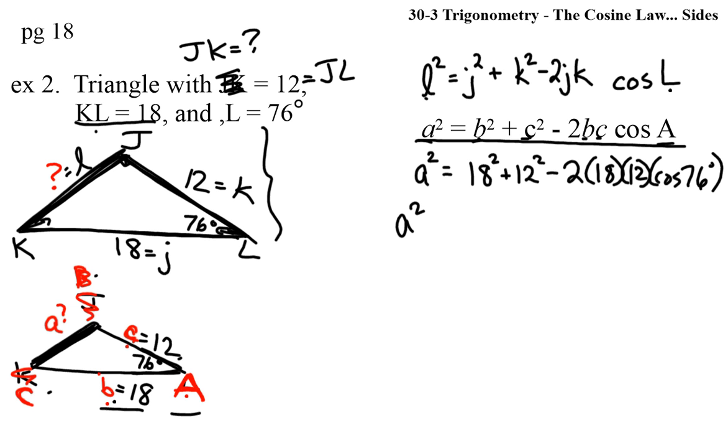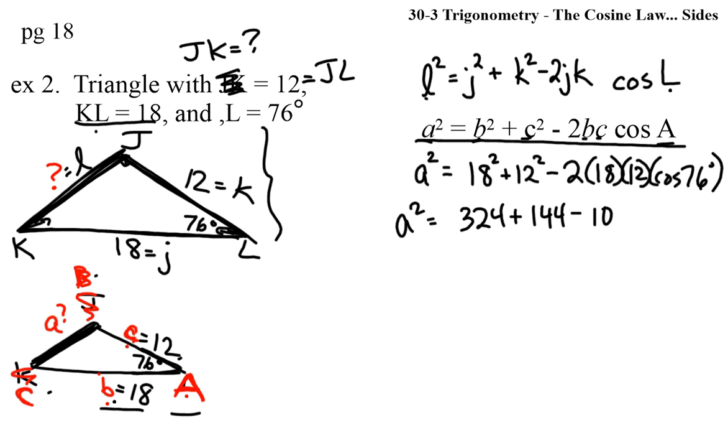At this point, A squared equals, do some punching into your calculator. 18 squared gives us 324. 12 squared gives us 144. And I then want to subtract 2 times 18 times 12 times cosine 76.